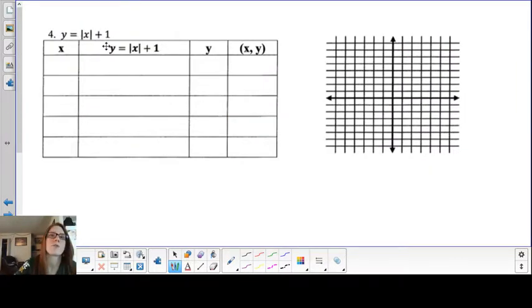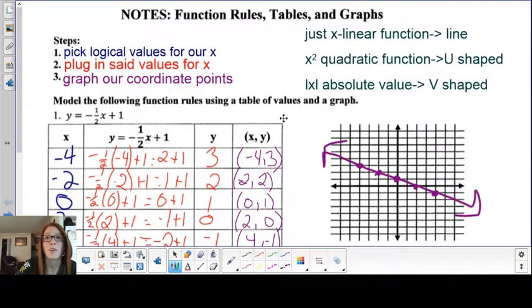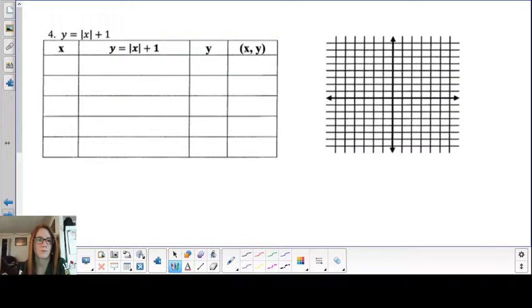Last one, absolute value, which again, if you are remembering your notes, this is the one that's going to have a sharp V. So let's pick some logical points: -2, -1, 0, 1, and 2.